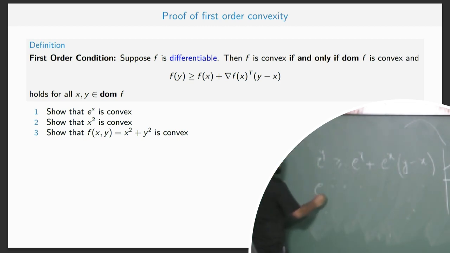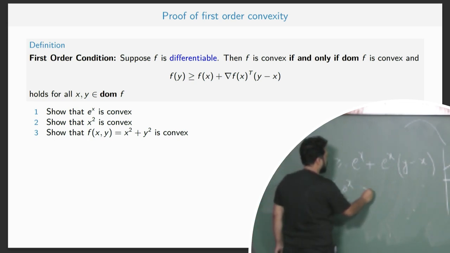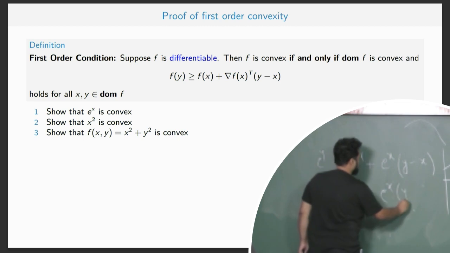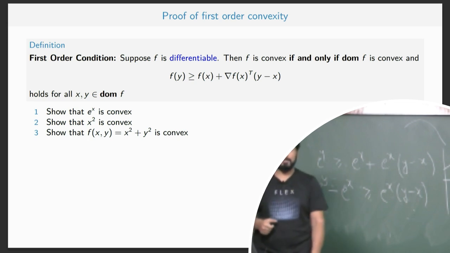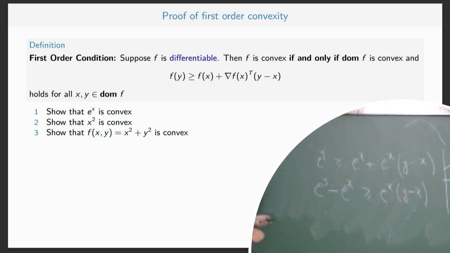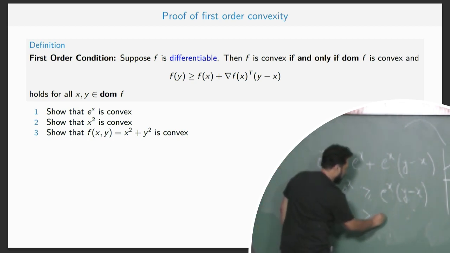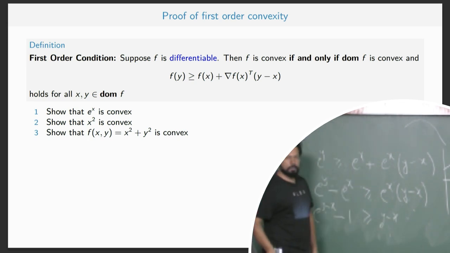So what we are supposed to show is that e to the y is greater than or equal to e to the x times y minus x, for all x and y. It may take some time to figure out, but this is what we are supposed to prove. We can divide by e to the x, giving e to the y minus x minus 1 is greater than or equal to y minus x. Is it true?